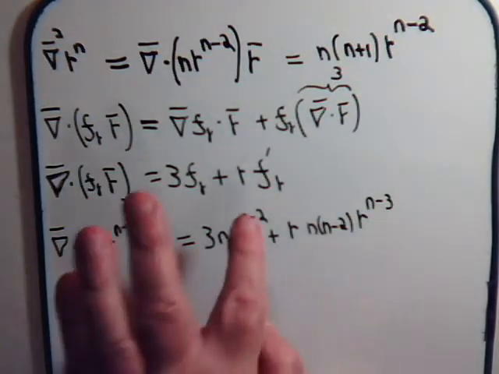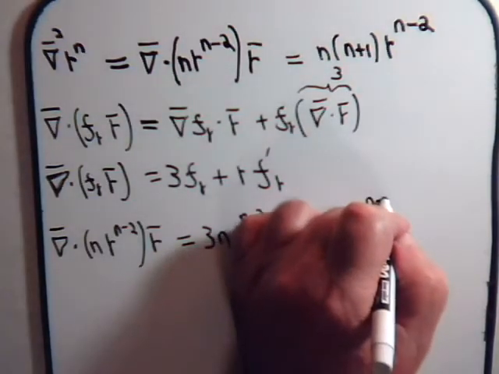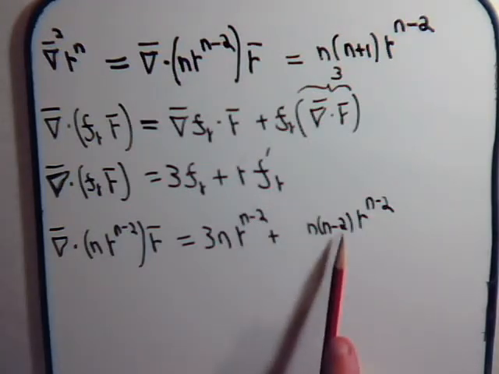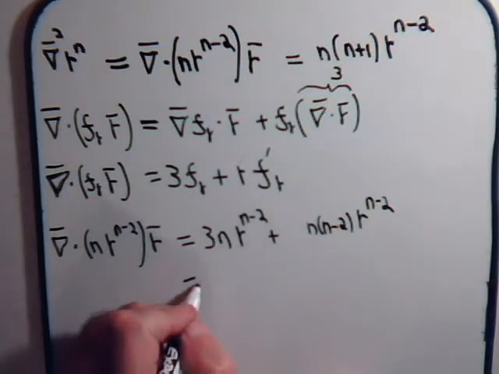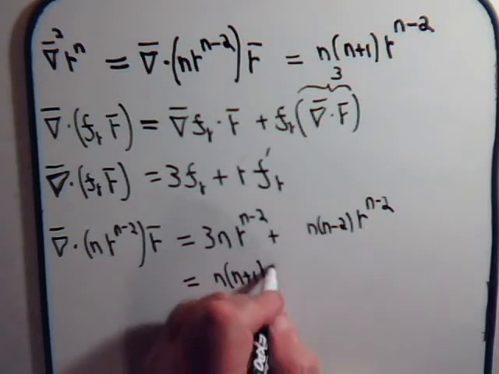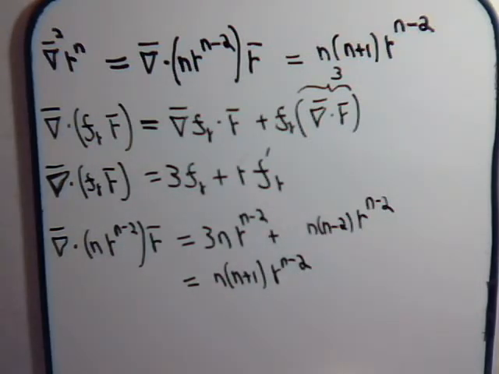But r times r to the n minus 3 is r to the n minus 2. So here we have 3n times this minus 2n times this. So that's going to be equal to n times n plus 1. And there it is. It just pops right out for us.